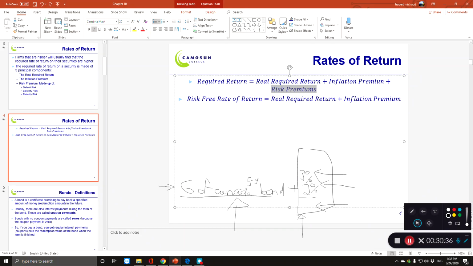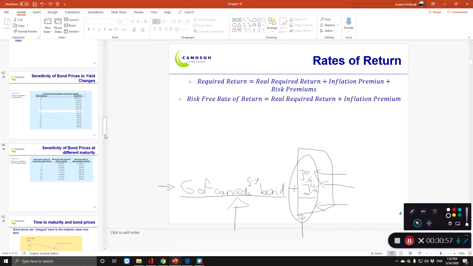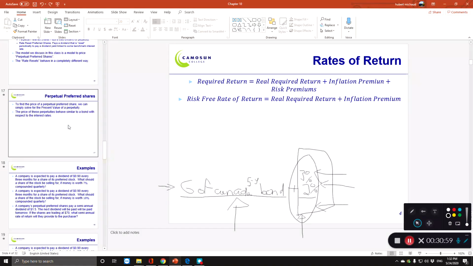Okay, but these other companies that are trying to issue preferred shares, they're more risky than the Government of Canada. So people will want to be compensated for that risk, and so you're going to give investors a certain rate of return above the Government of Canada 5-year rate to compensate them for that risk. And that's where it comes from. It's all about the risk premium. Okay.